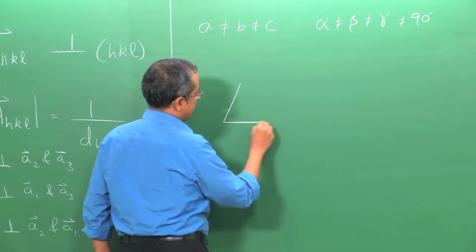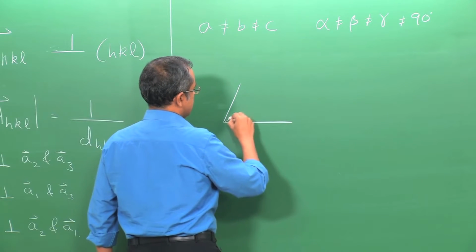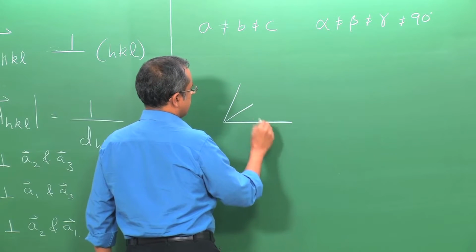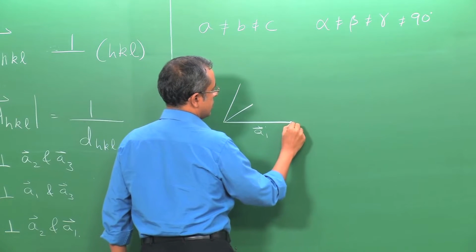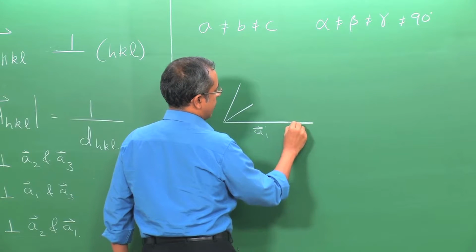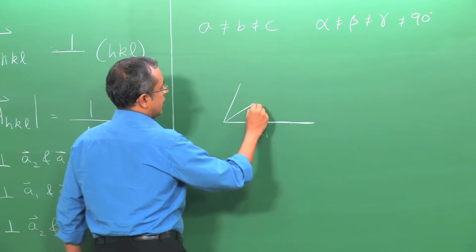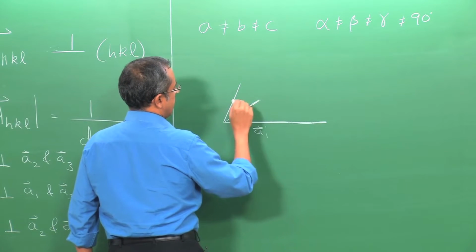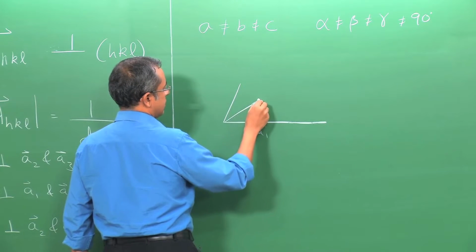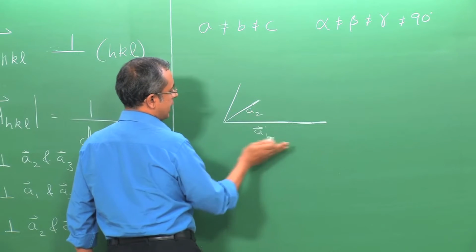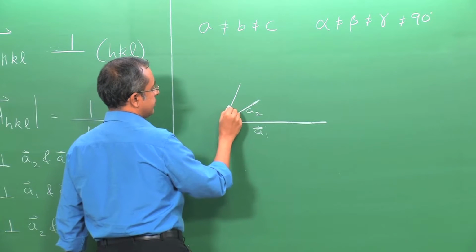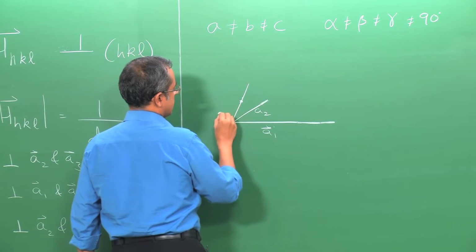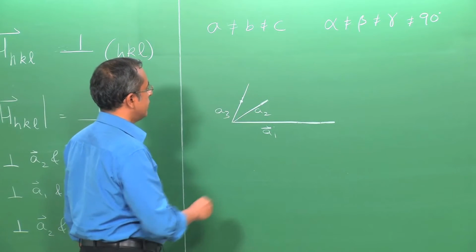So this is one triclinic cell. So this is A1, this would be A2. So just to make it easy for ourselves, we will assume that A1 is the longest of them all. A2 is let us say it is half as long as A1, and A3 is half as long as A2. So we will have A1, A2, so right handed A1, A2, and then A3 is up here. Okay, so we will just complete this diagram.